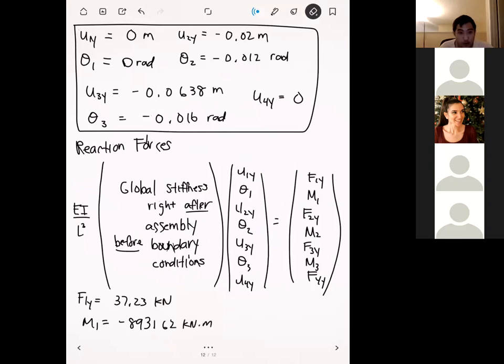Remember, these are non-zero because these are at the supports, so that's why we get something there. Whereas both F2y and M2 are equal to 0, because those nodes aren't being supported and there are no loads there.